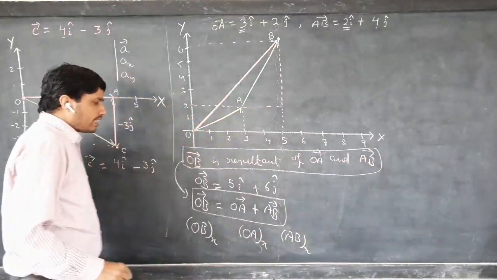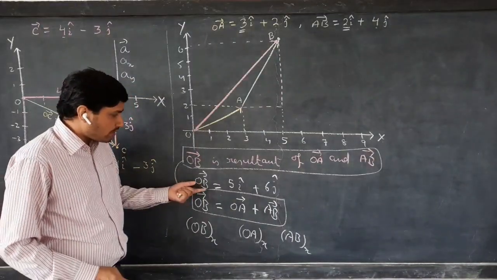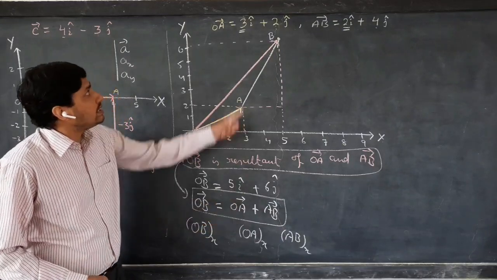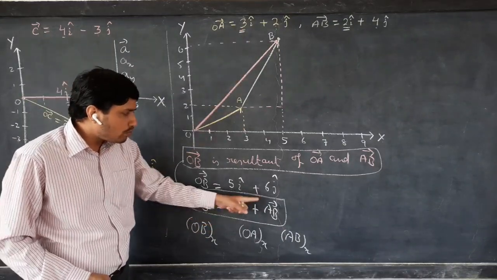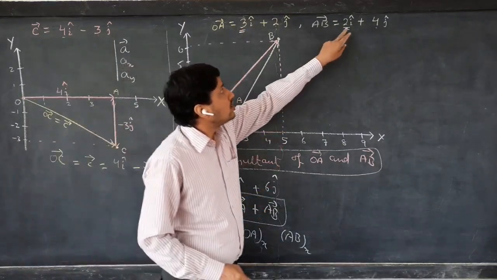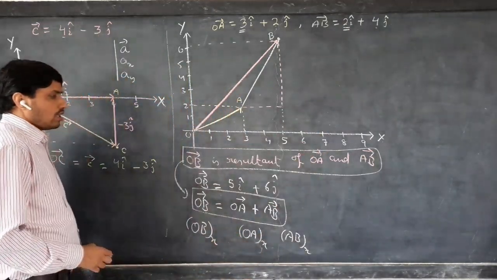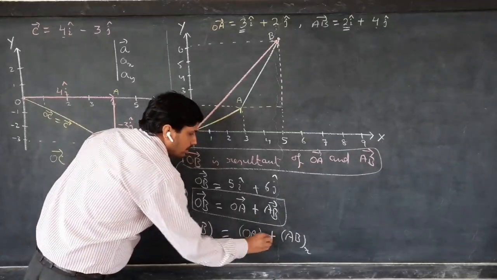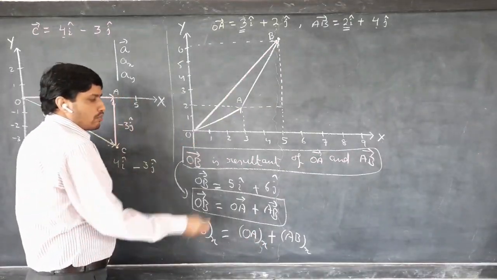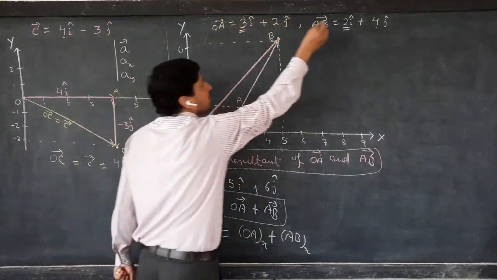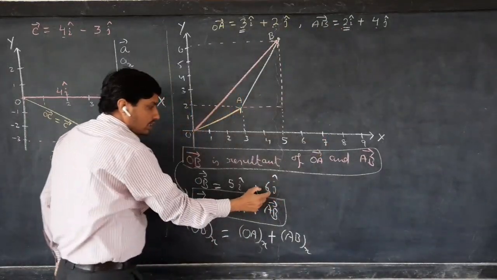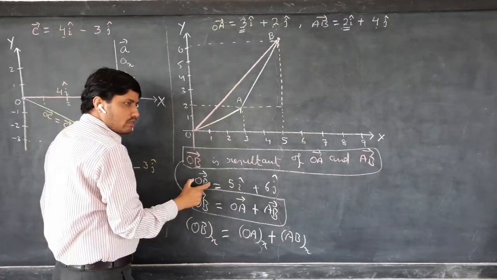If you see carefully, the x component of OB vector is 5, the x component of OA vector is 3 and the x component of AB vector is 2. So I can write this is equal to this plus this: 5 is equal to 3 plus 2. Likewise, 6 is equal to 2 plus 4. 6 is the y component of the resultant vector.